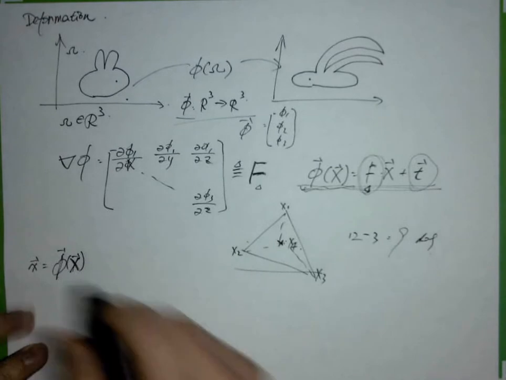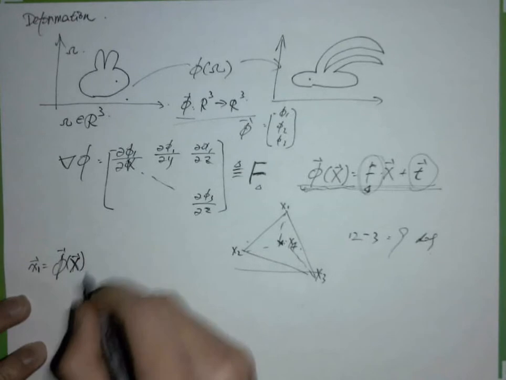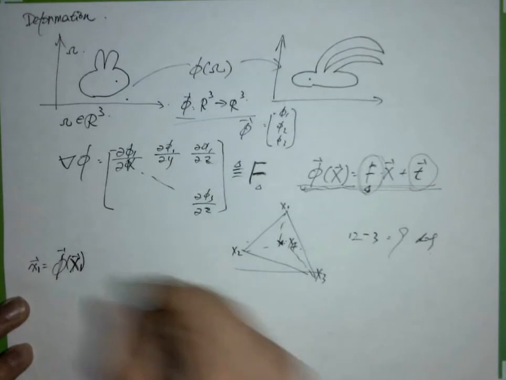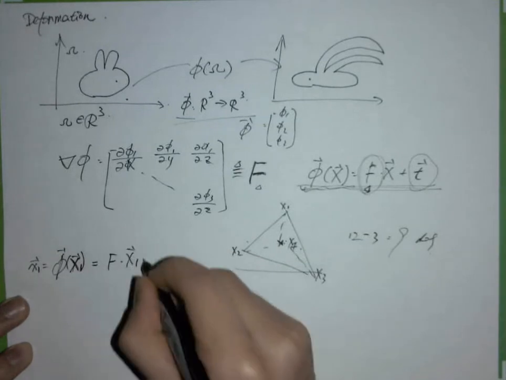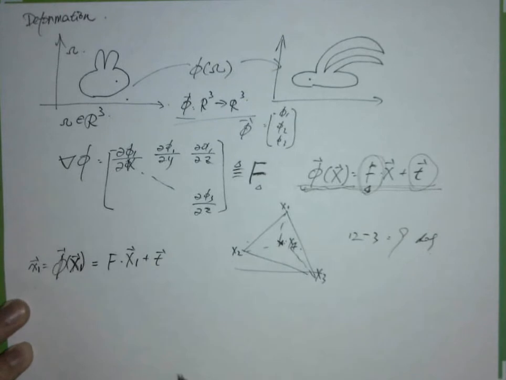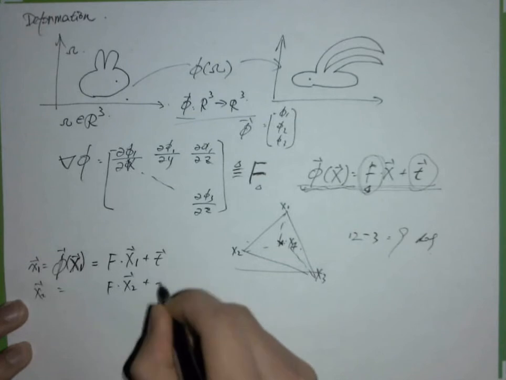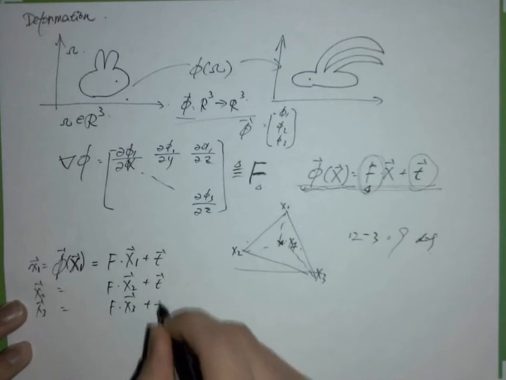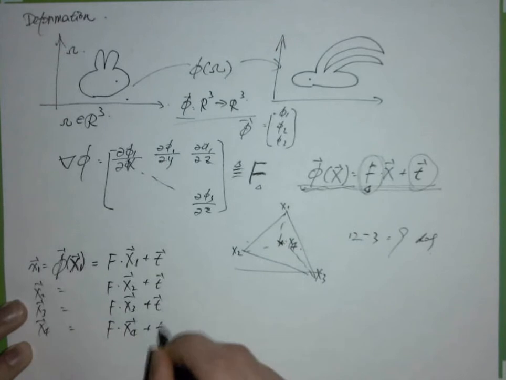So we know that x1 equals phi of uppercase X1, x2 equals phi of X2, etc. We can write it down explicitly as F multiplied by X1 plus t, x2 equals F multiplied by X2 plus t, x3 equals F multiplied by X3 plus t, and x4 equals F multiplied by X4 plus t.